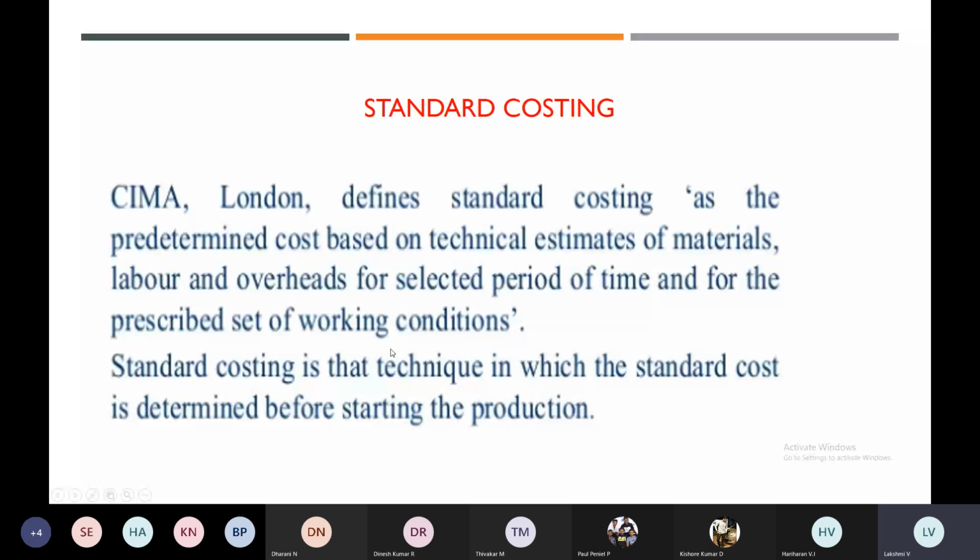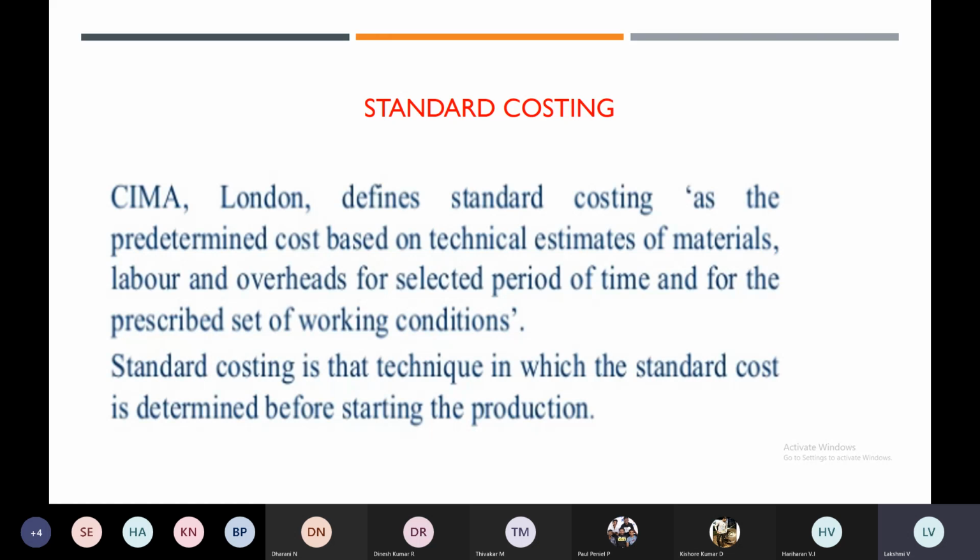So standard costing is a technique which is used especially in manufacturing firms. Usually small firms don't prepare or maintain cost accounts in their business unit.